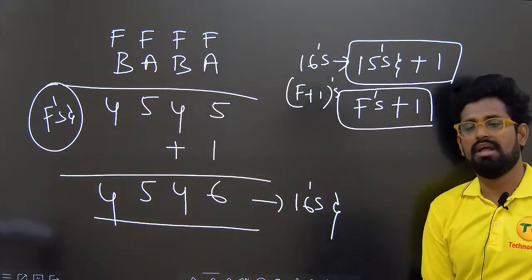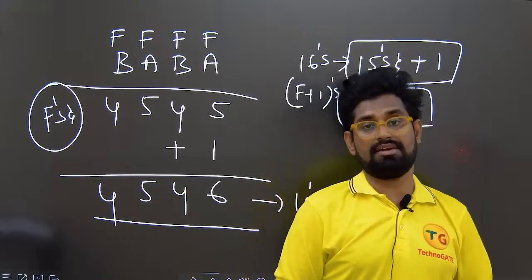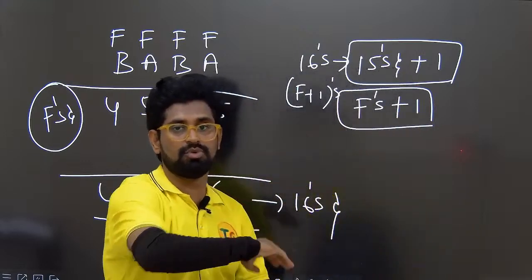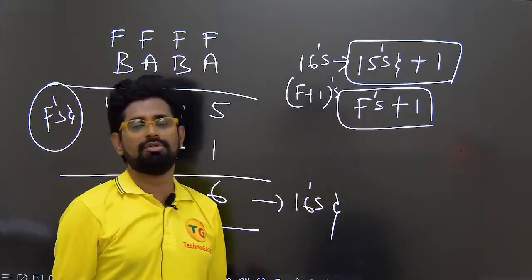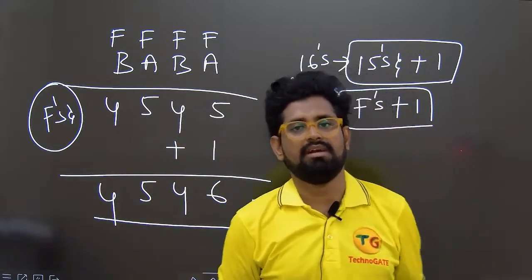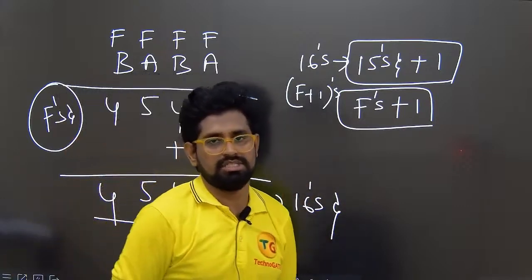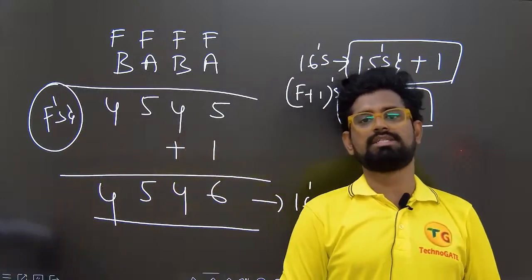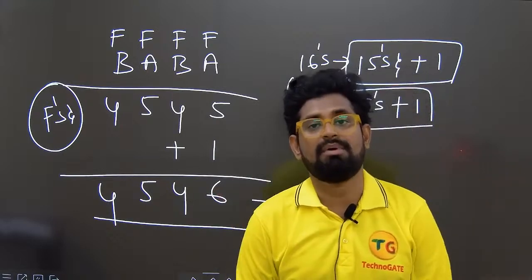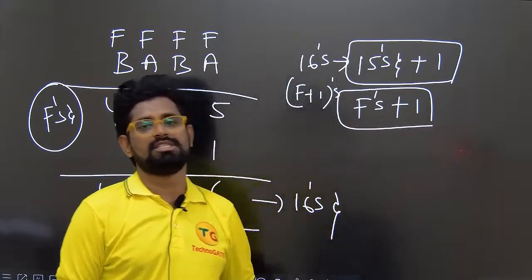So in this lecture, which is the third lecture in digital electronics, I have clearly explained this. If you missed the previous two lectures, please go through them. In lecture 1, I explained what a number system is and the number system conversions. In lecture 2, I explained the basic operations like binary addition, subtraction, multiplication and division.